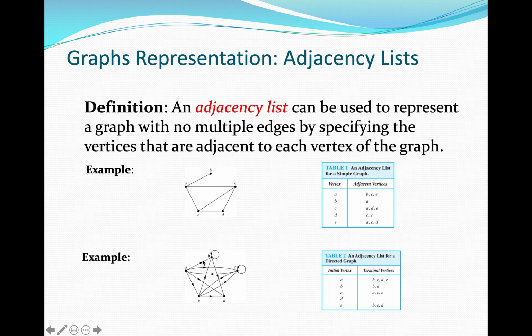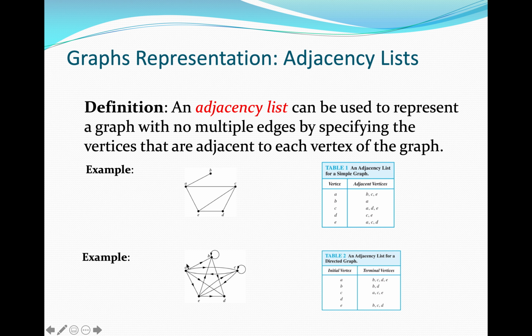So for the directed graph, to declare whether the next vertex is adjacent or not, you have to see the out degree point here.